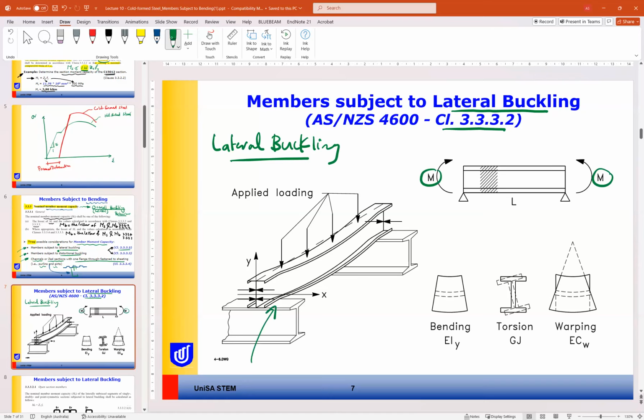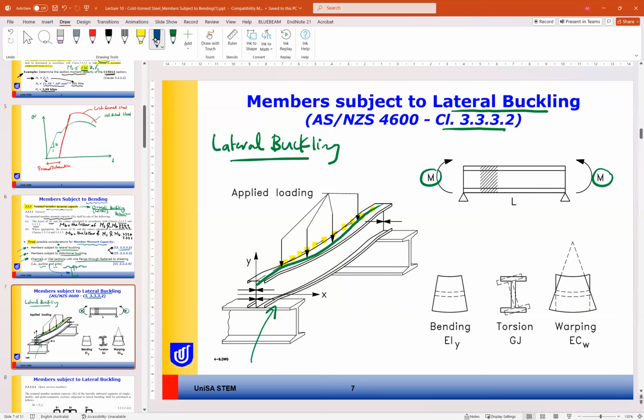If you look here, the beam has buckled laterally, as you can see. This is the original beam, and this is our beam after buckling. This is what we call lateral buckling.